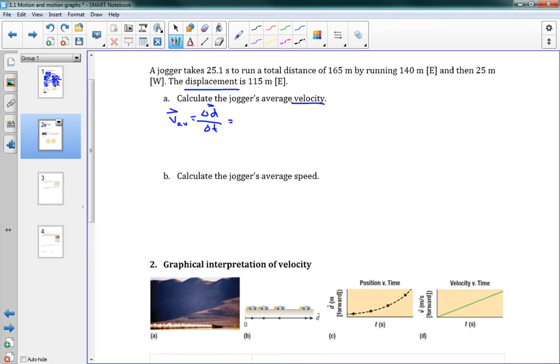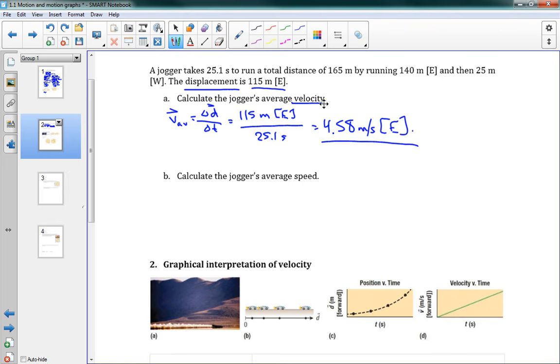It says the displacement is 115 meters, so we don't need to look at the other details, 165, 140, any of this. We can just say that our displacement is 115 meters east over 25.1 seconds. And that gives us a result of 4.58 meters per second east.